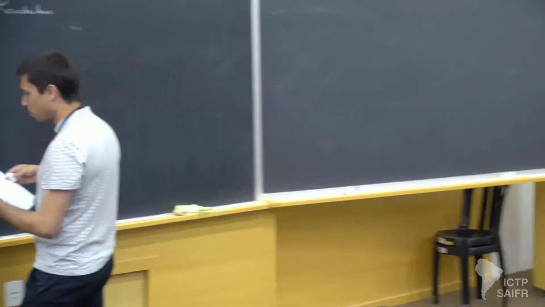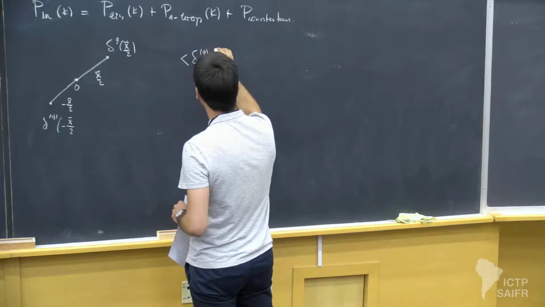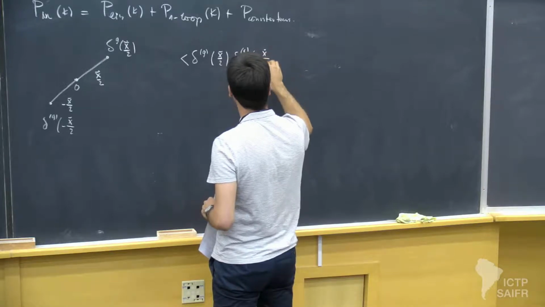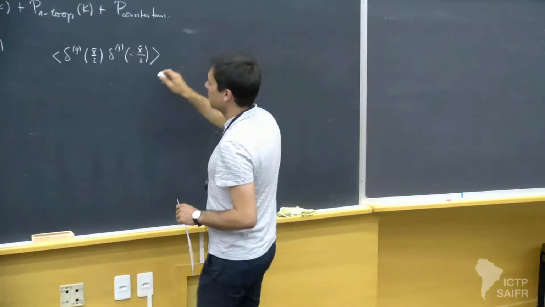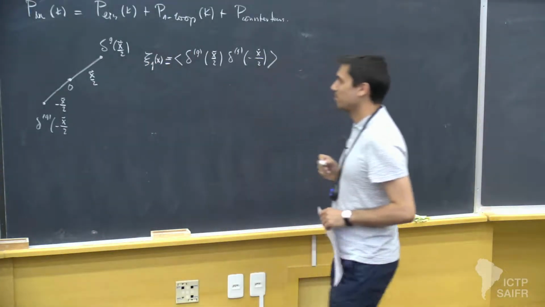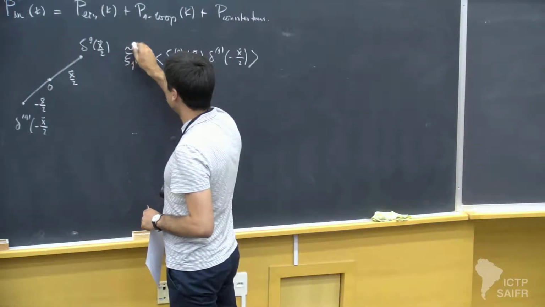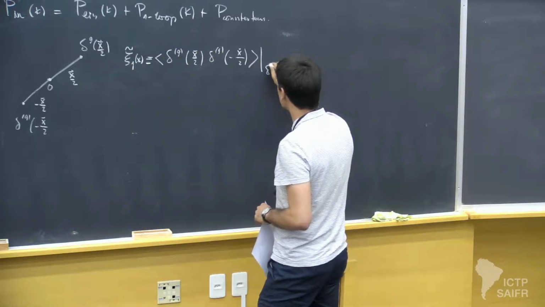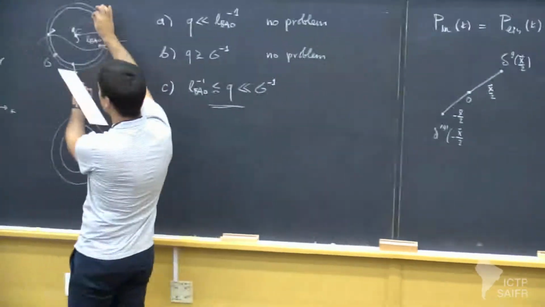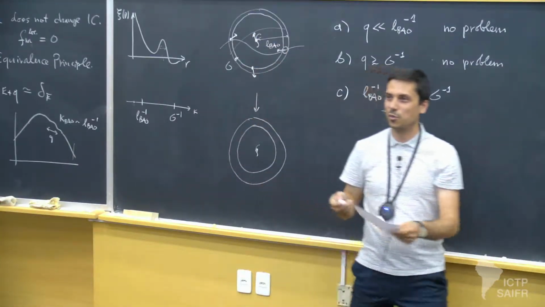If I ask myself what is the 2-point function of delta galaxy of x/2 and delta galaxy of minus x/2, which is by definition xi galaxy of x. Let me now call this xi galaxy tilde, which is in the presence of the long modes. Because this is what we are calculating: what happens with the pairs of galaxies in the 2-point function when I put these long wavelength fluctuations.